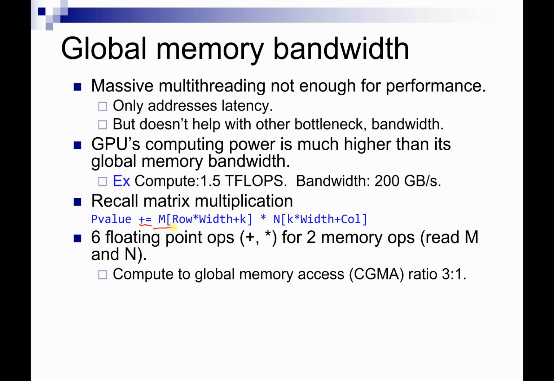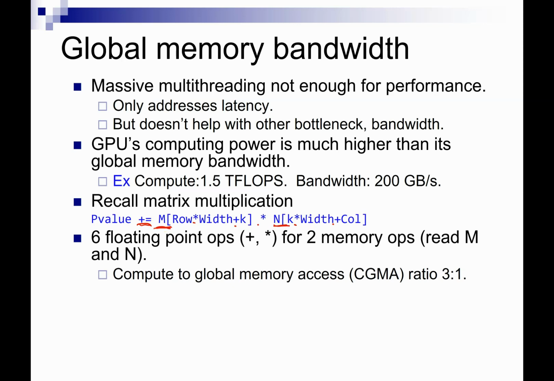For example, it's going to read from the matrices M and N. In total, if you count this up, we are doing a total of 1, 2, 3, 4, 5, 6 floating point operations. And to do that, we need to do 2 memory operations: we need to read from M and read from N. These are stored in global memory, because these matrices are too large to store in something like shared memory.